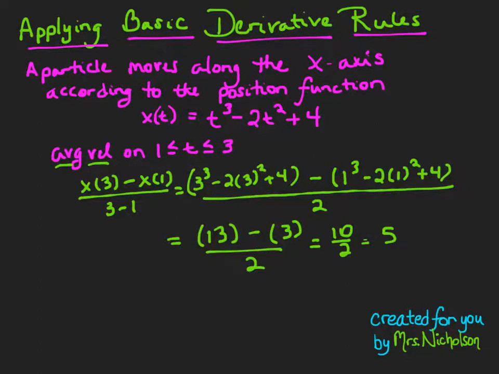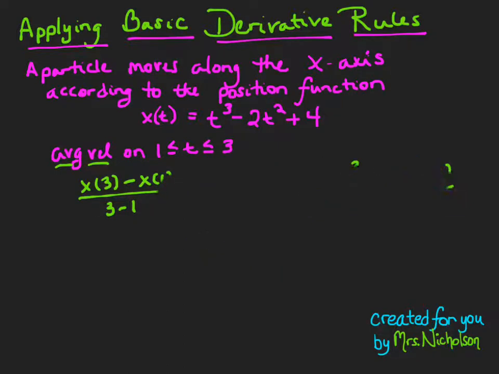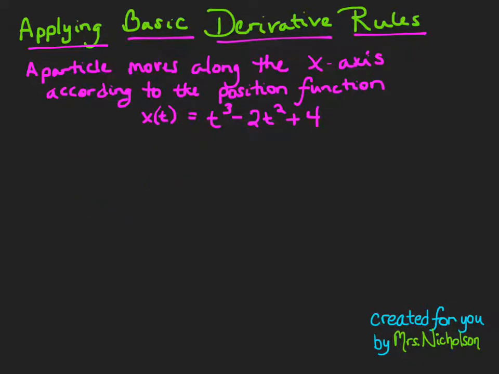Now instead of being asked for average velocity, I could be asked for instantaneous velocity. So let me erase my work here. And let's say that I'm asked for instantaneous velocity for time t equal to 2.